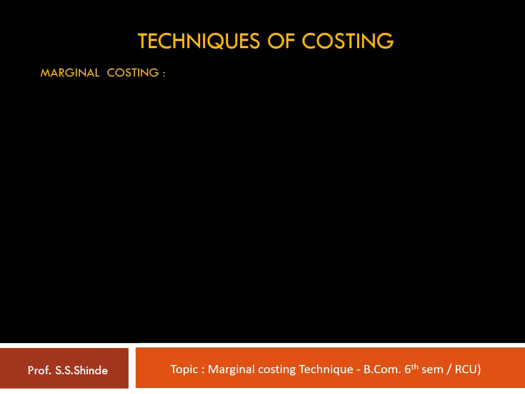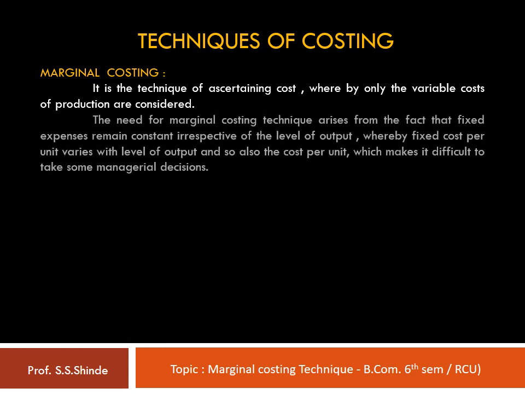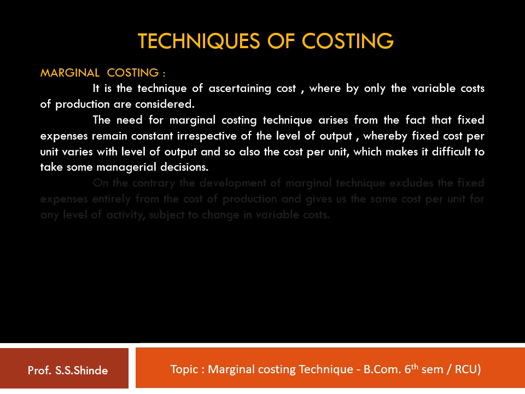Let's now try to understand what marginal costing means. It's the technique of ascertaining cost whereby only the variable costs of production are considered. The need for marginal costing technique arises from the fact that fixed expenses remain constant irrespective of the level of output, whereby fixed cost per unit varies with the level of output and so also the cost per unit, which makes it difficult to take some managerial decisions.